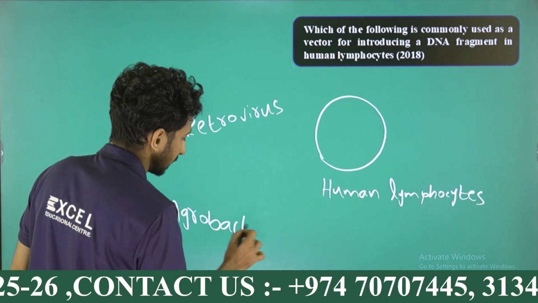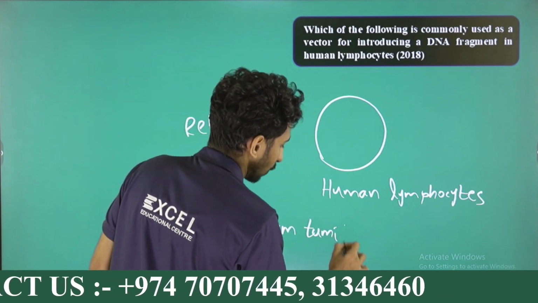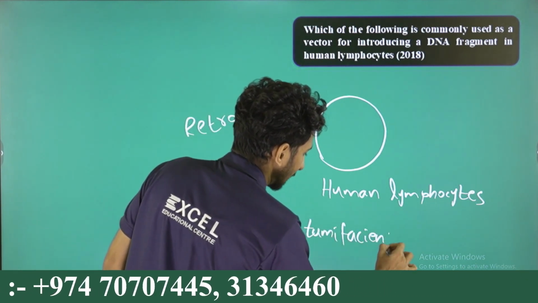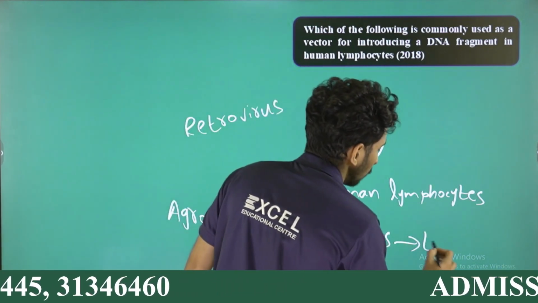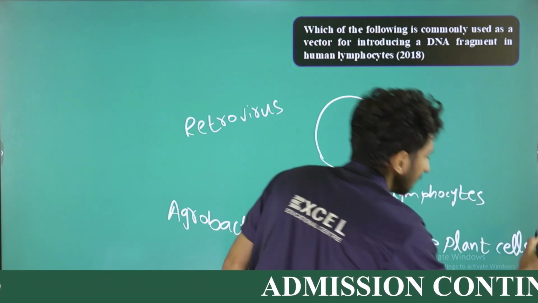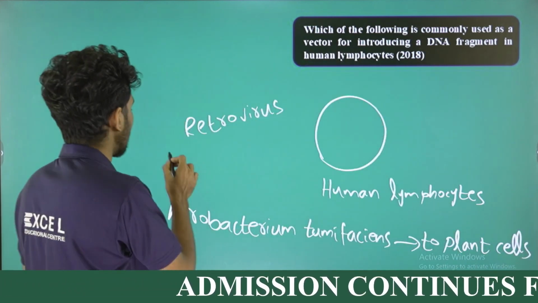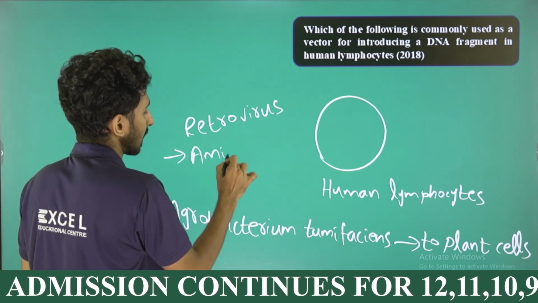Agrobacterium tumefaciens to use it as a vector to plant cells, especially dicot plants. But retrovirus is used as a vector to animal cells.